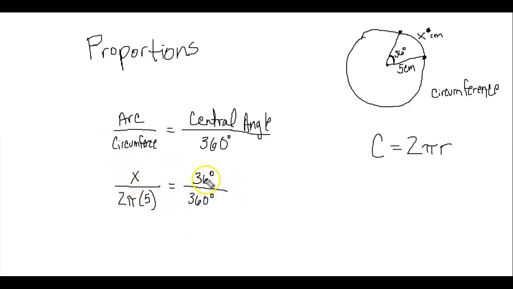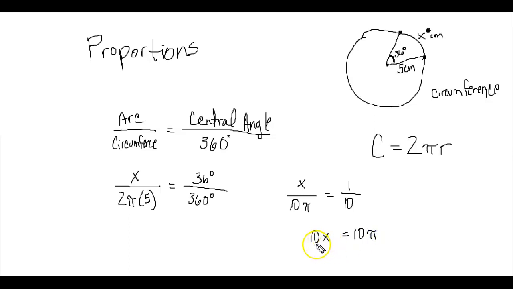So now I can reduce this fraction, which will help a lot. Let's see, this is going to be X, and this will be 10 pi. And then both the top and the bottom will reduce by 36, so this is actually going to be 1/10. So if I cross multiply here, I'm going to get 10x is equal to 10 pi.